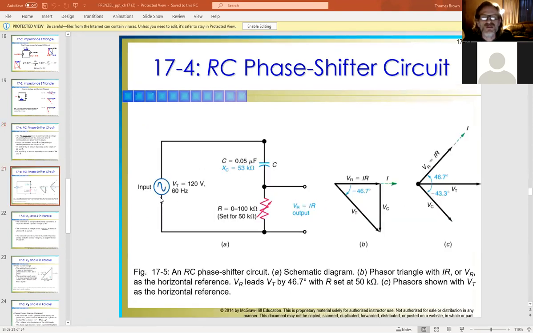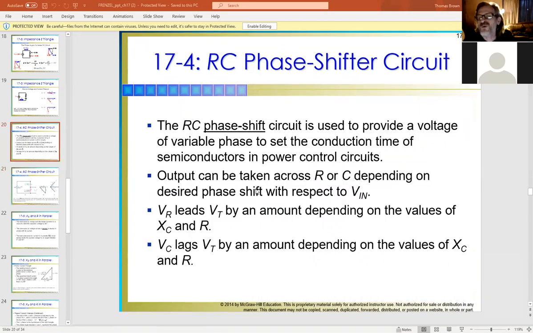So really, it depends on what you're going for. What he's trying to say is that you're allowed to pick up your output either on the resistor or the capacitor, depending on what your desired output is. As you can see, your output can be taken across R or C depending on the desired phase shift.